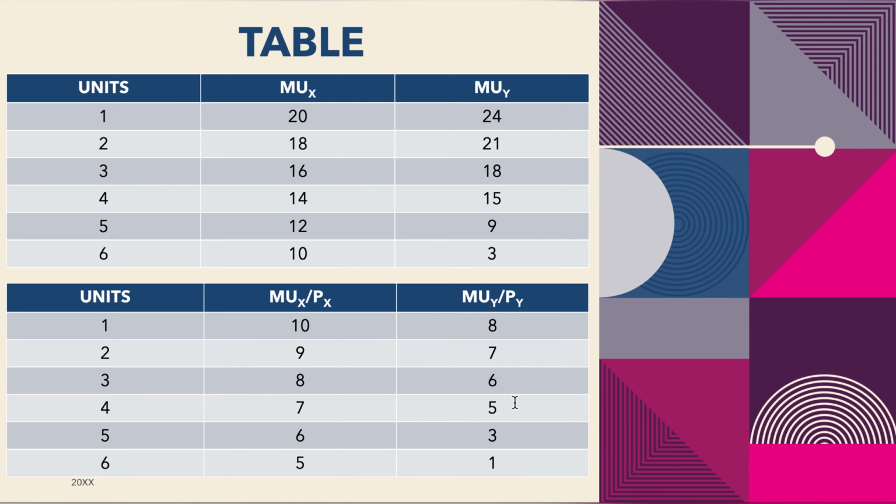So the consumer will buy a bundle where he purchases 3 units of good Y and 5 units of good X, and by doing this, he will reach his equilibrium and maximize his personal satisfaction, his utility, and his benefit. We can represent this law diagrammatically as well.